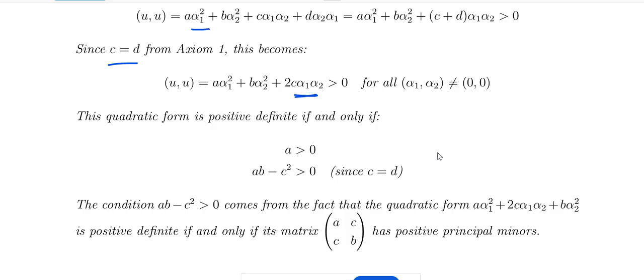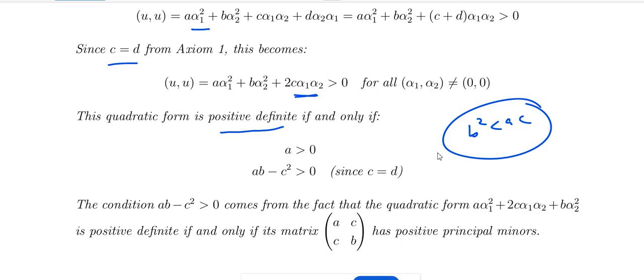The quadratic form is positive definite if and only if the alpha 1 squared coefficient is greater than 0 and ab minus c squared is greater than 0, as we saw, that is b squared less than ac in the quadratic ax squared plus bx plus c.